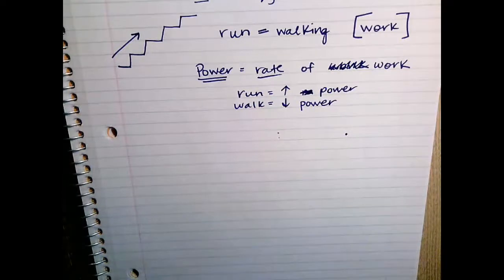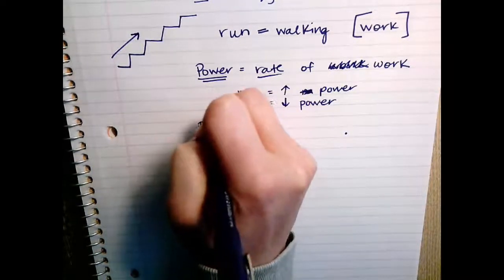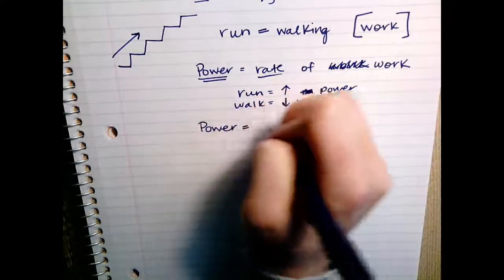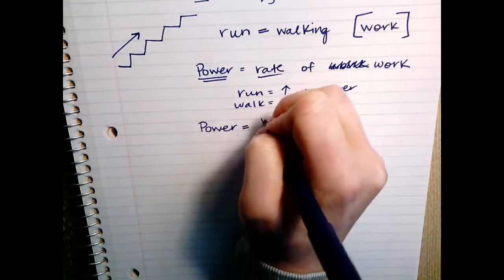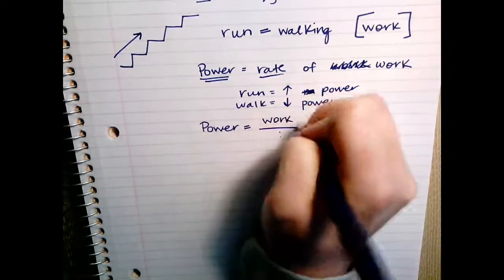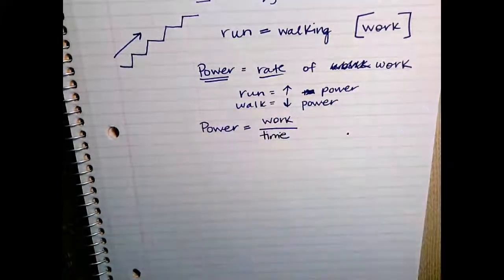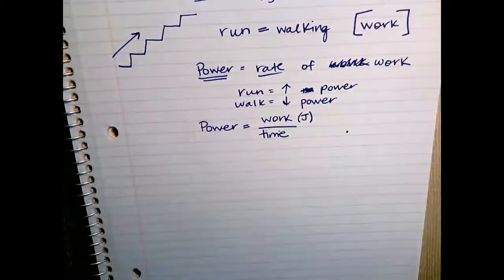So another formula here, we have power set equal to work divided by the time. Now this is where the abbreviations and the italics become super important because it's kind of confusing. Work is measured again in joules, which we just talked about.